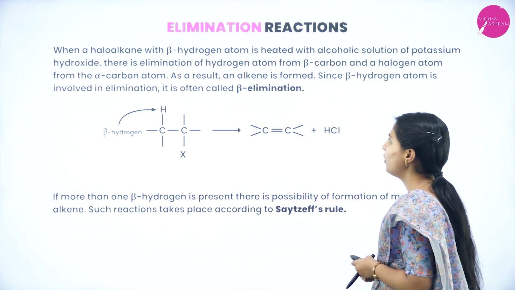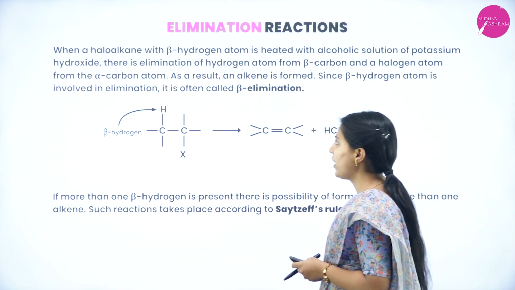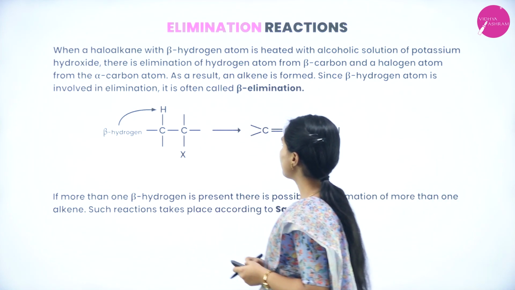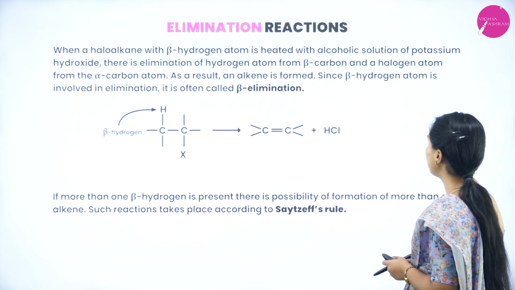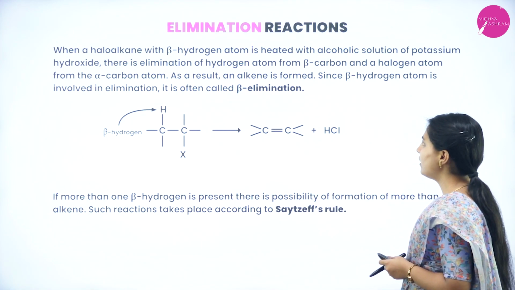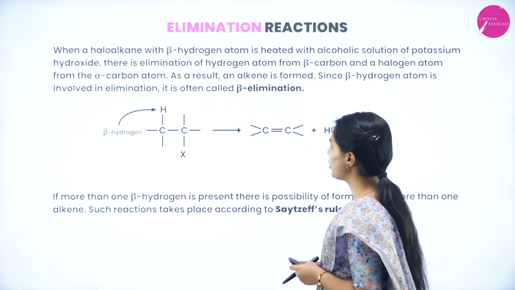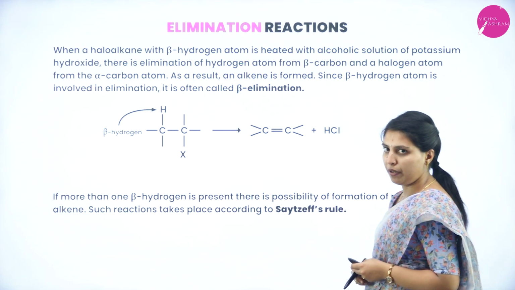When a haloalkane with a beta hydrogen atom is heated with alcoholic solution of potassium hydroxide, there is elimination of a hydrogen atom from the beta carbon and a halogen atom from the alpha carbon atom. As a result, an alkene is formed. Since the beta hydrogen atom is involved in elimination, it is often called beta elimination.